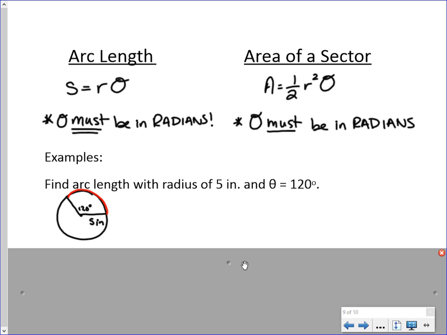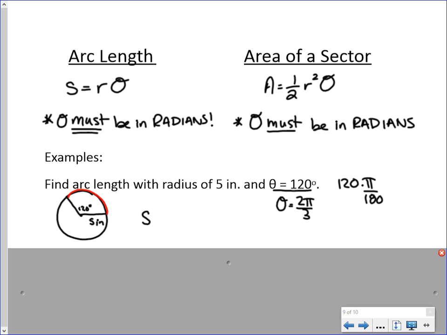I hope you're not getting 600. Anybody getting 600? If you're getting 600, that means you're leaving it in degrees, but you've got to change this theta into radians. So you can do a conversion right there, 120 times pi over 180. Anybody get that angle? 2 pi over 3, excellent.